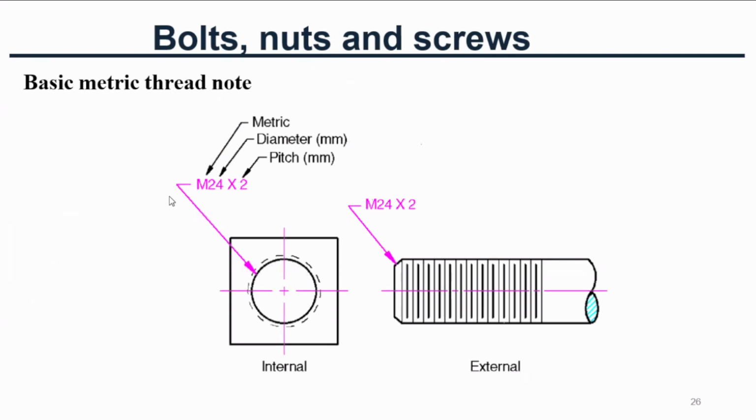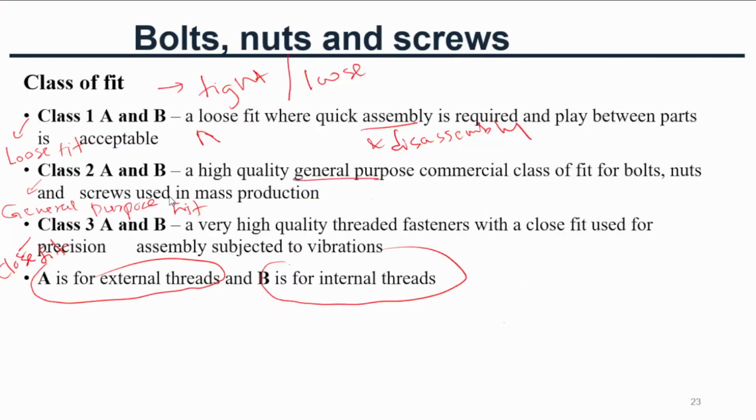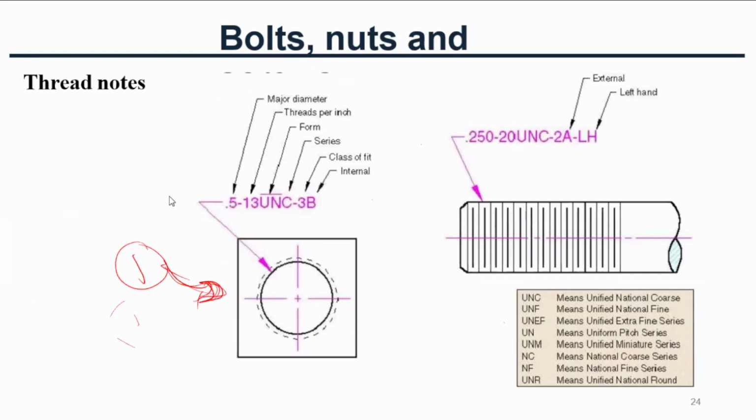This is the internal thread. Here you can see a general notation. The first number indicates the major diameter of the thread, 0.5. The second one is threads per inch.